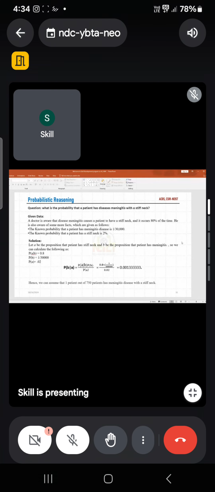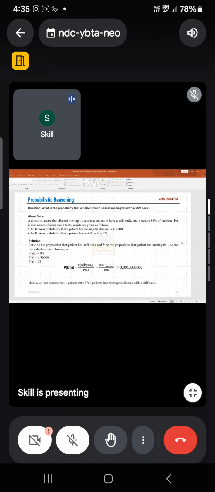Let A be the proposition that the patient has a stiff neck and B the proposition that the patient has meningitis. Then we can calculate P(A|B), which is already given: patients having meningitis have a stiff neck 80% of the time, so 0.8.